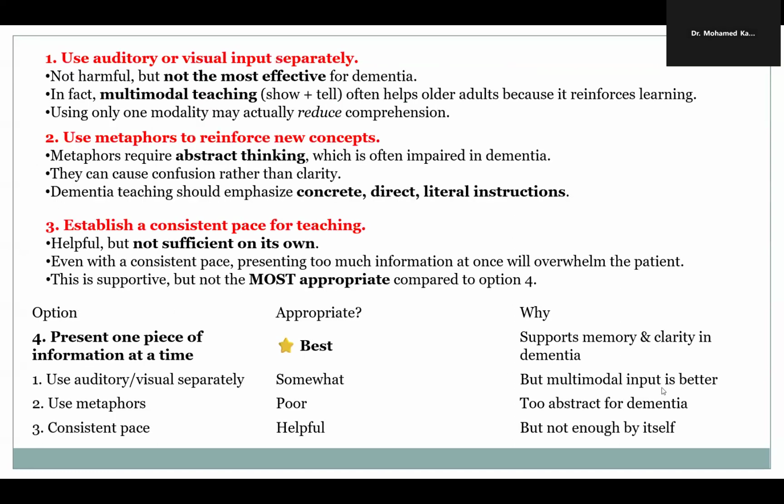Let's now go to the incorrect options. Number one, use auditory or visual input separately. Yes, it is a good strategy, but it is not the most effective one for dementia. Actually, giving multisensory or multimodal teaching, like showing the patient what to do and telling the patient what to do at the same time, visual and auditory, will help to reinforce learning.